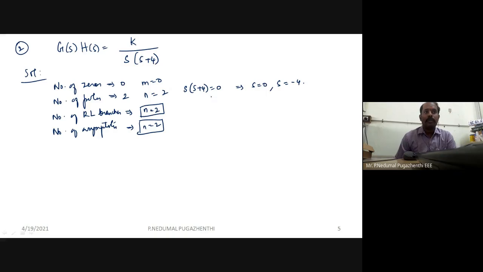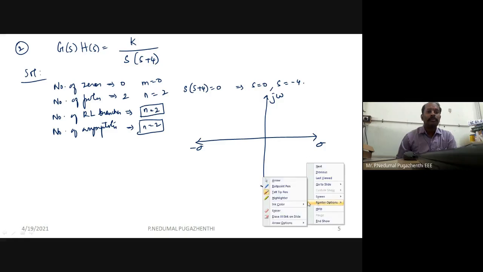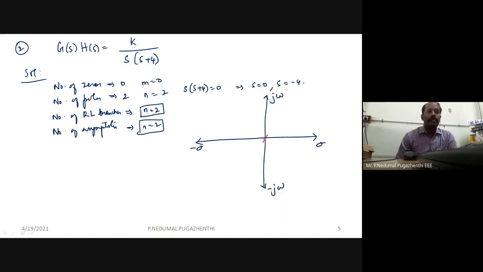These are the open loop poles. If you denote that in the s plane, this is sigma, minus sigma, j omega and minus j omega. If I locate the poles, s is equal to 0 and s is equal to minus 4, there is a possibility of root locus between these two.